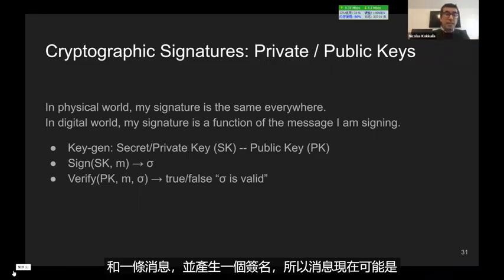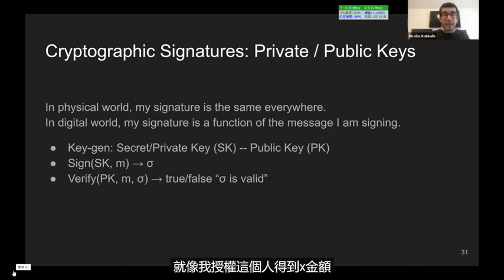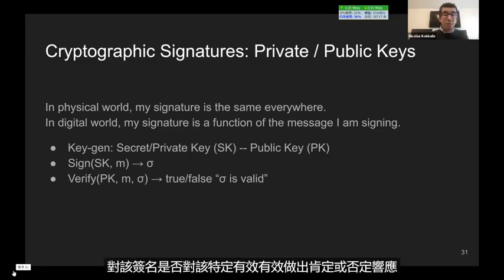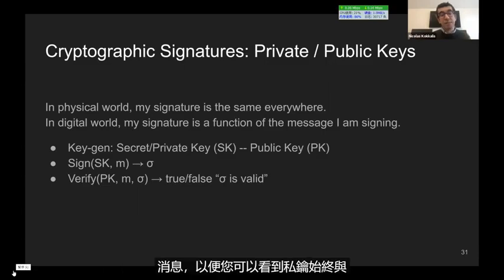So the message now could be something like, I authorize this person to get X amount of Bitcoin from my account. Now, the verify function gets the public key of that person, gets the message and the signature, and responds with a true or false of whether the signature is valid for this specific message.